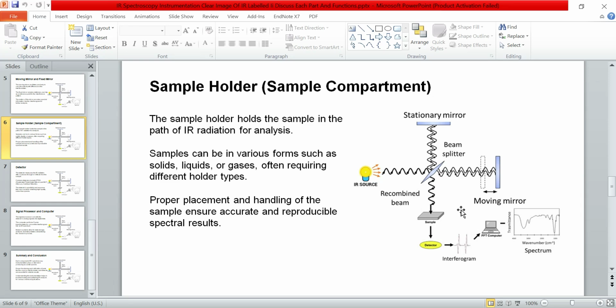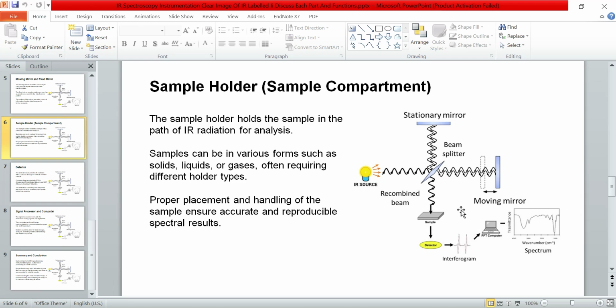The sample holder is very important. We have to put it at the exact position from which the radiation can move. When we put the sample or sample holder at the exact position of the electromagnetic radiation, the rays can interact with the sample, and we can easily get the exact result.